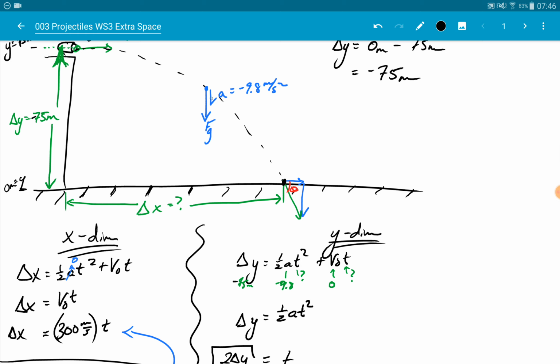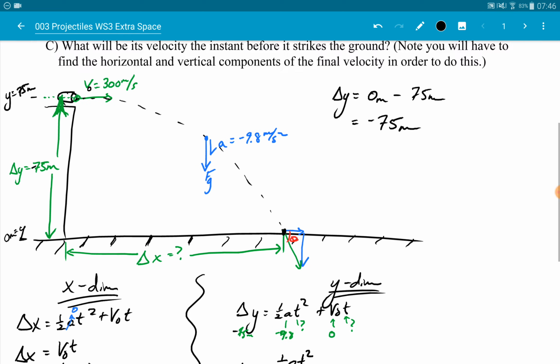It's accelerating in the vertical dimension, but how does that change the horizontal? That's right, they're independent from each other. And so, yeah, it's speeding up going down, but that doesn't change how it's moving left and right. So that means that all along here, my velocity in the horizontal dimension is staying 300, and so at the end there, my horizontal velocity is still 300. Cool, we got one of those figured out already.